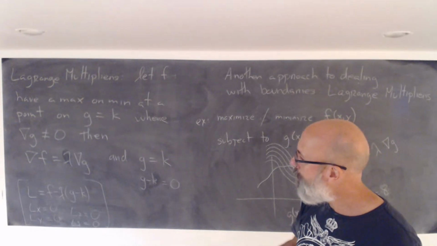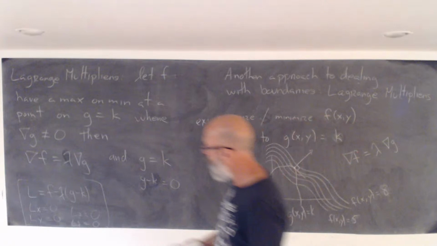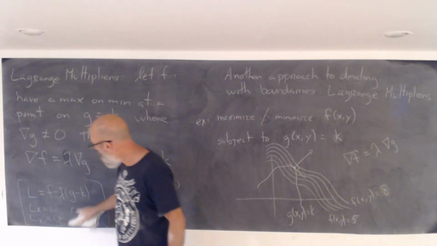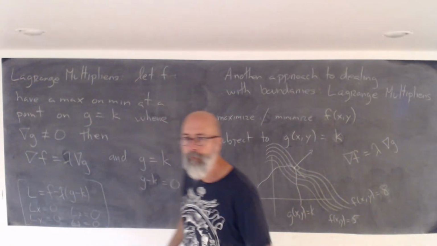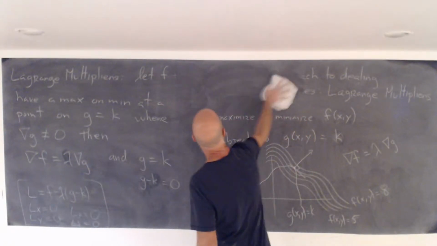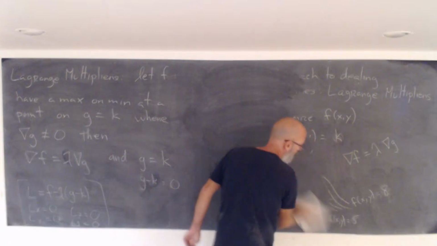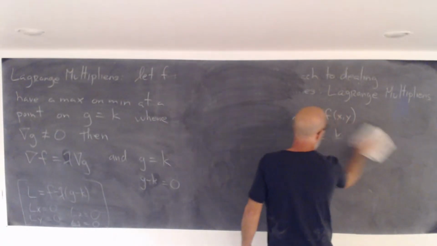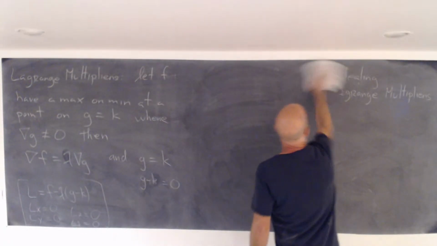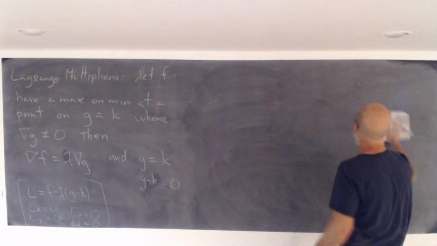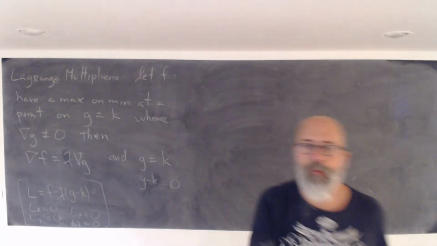It's just a new function, f minus lambda g. Most books introduce this Lagrange operator, and the whole Lagrange business can be done according to this function L.